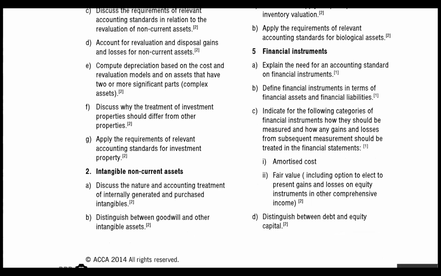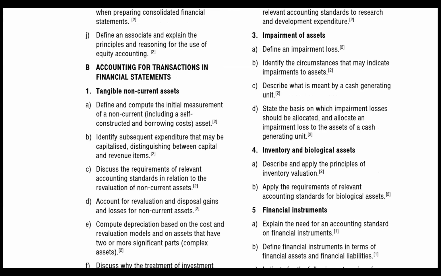We will discuss why the treatment of investment properties should differ from the other properties and actually apply the requirements of relevant accounting standards for investment properties. We will not just end on talking about the tangible non-current assets.